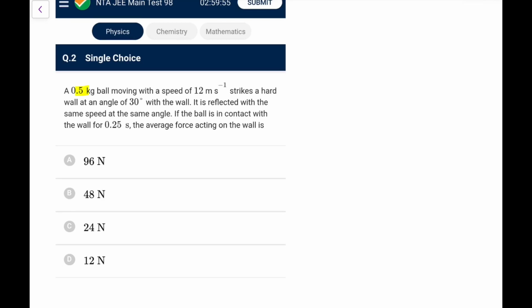A half kg ball going with a speed of 12 strikes a hard wall at an angle 30 with the wall. It is reflected with the same speed at the same angle. If the ball was in contact for 0.25 seconds, the average force acting is. So it strikes at an angle 30 degree, leaves at an angle 30 degree, the velocity remaining the same, initially v, finally also v.